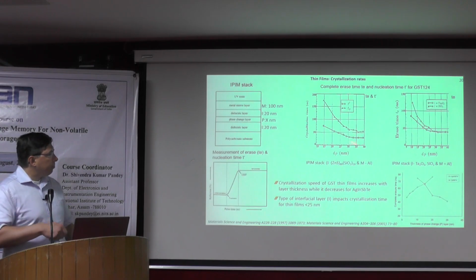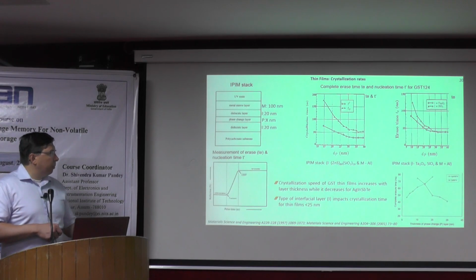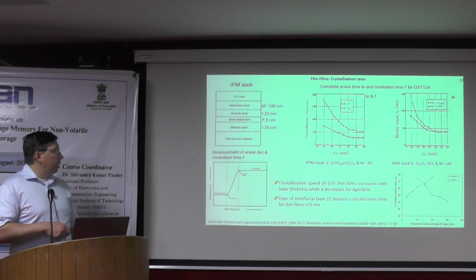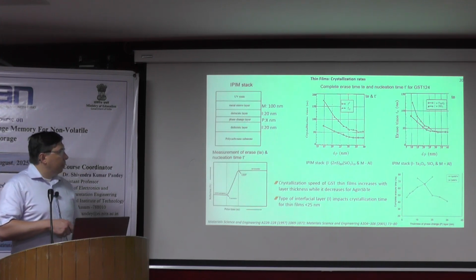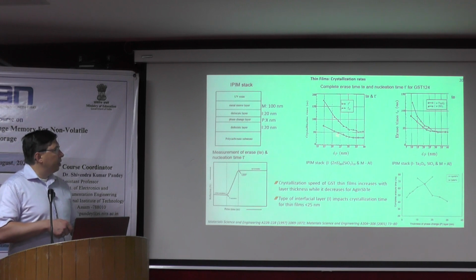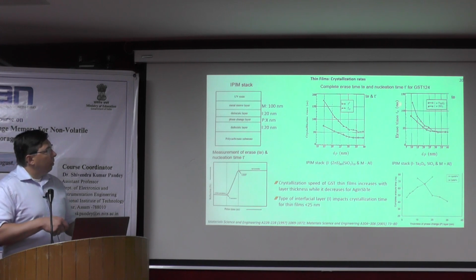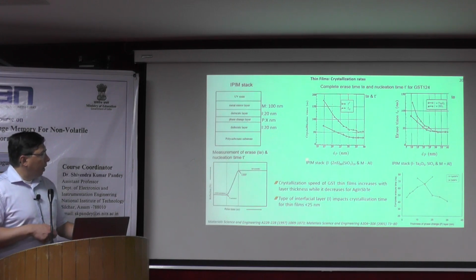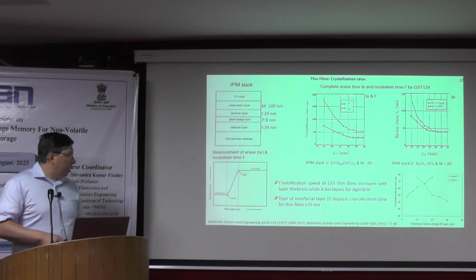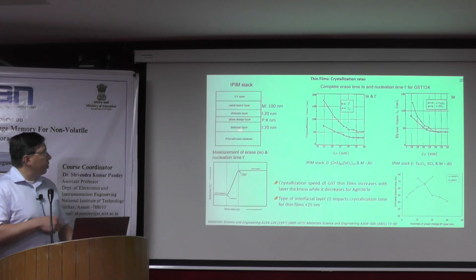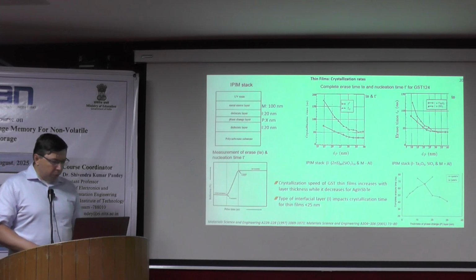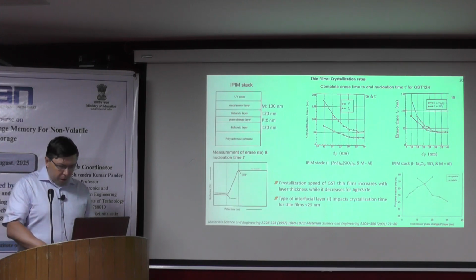So somehow the crystallization speed of GST increases with layer thickness, while it decreases for AST. It seems that such interfacial layers also impact the crystallization time of GST films.